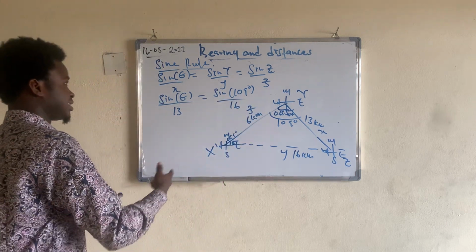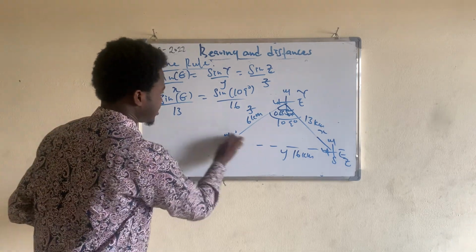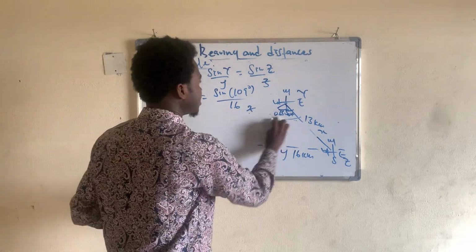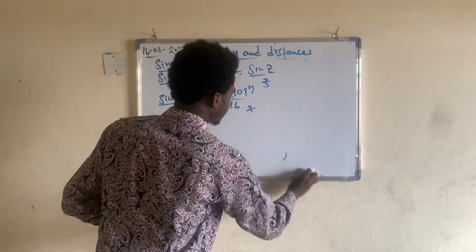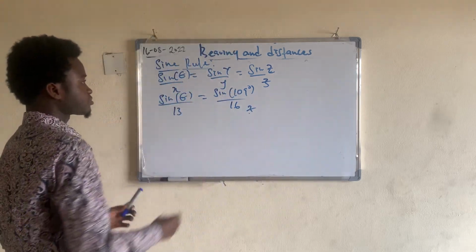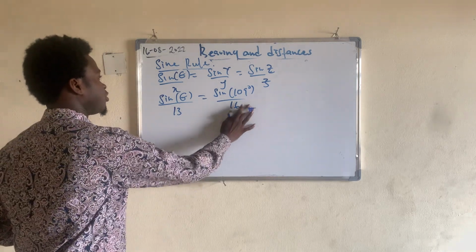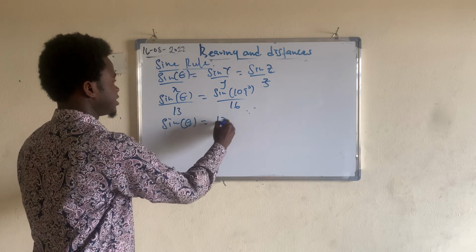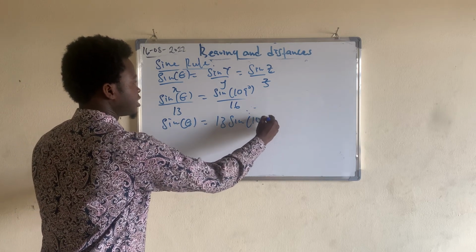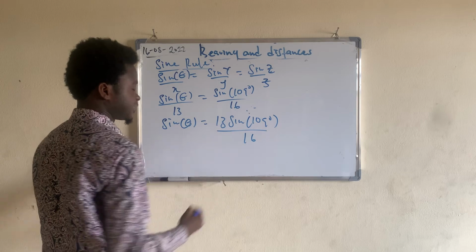So at this point, I think we have to clean this diagram. I'll rub off this diagram so I can have enough space to solve this. So I have that sine theta is equal to 13 sine 109 degrees over 16.